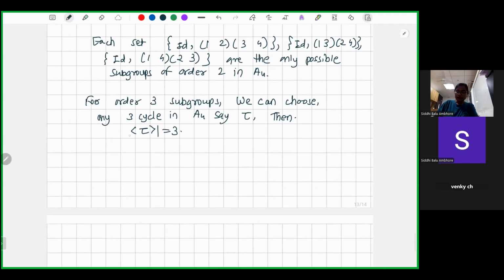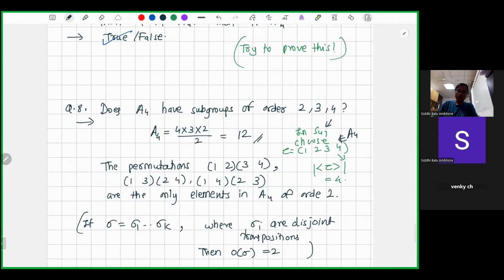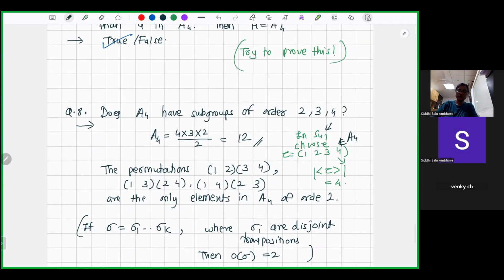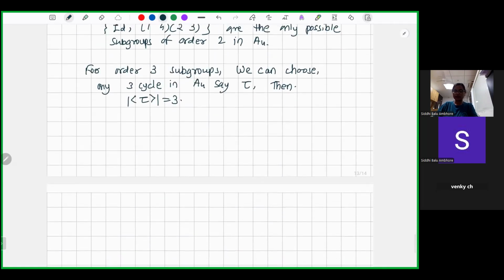So we now have subgroups of order 2, subgroups of order 3, and now we need to calculate how many.